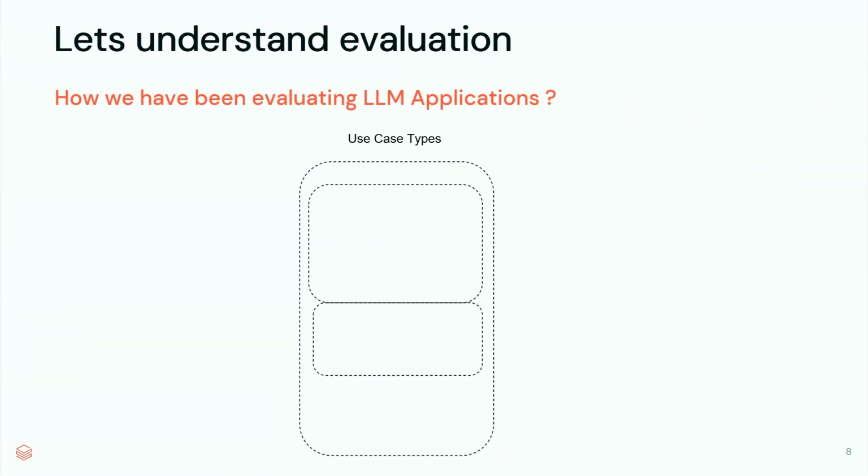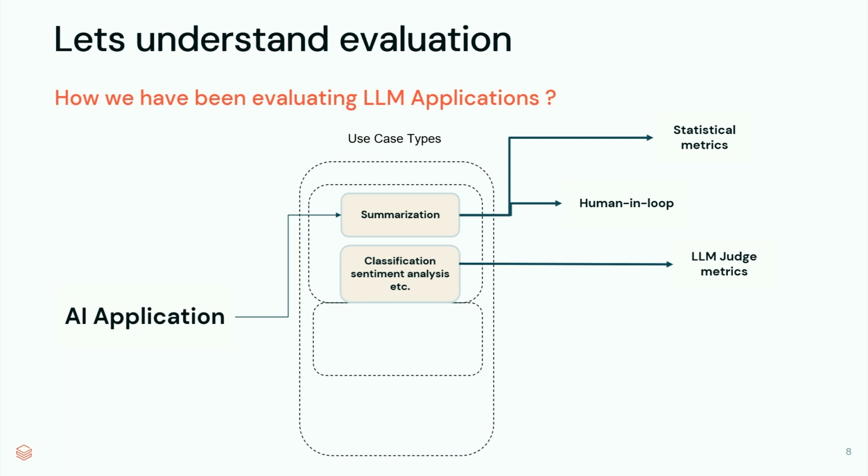So let's understand the evaluation we are doing today a little bit more, and why I am saying that might not be sufficient. Let's imagine you are creating an AI application. One of the most common use cases we are seeing across customers is some sort of batch use case: summarization, classical sentiment analysis, and so on.